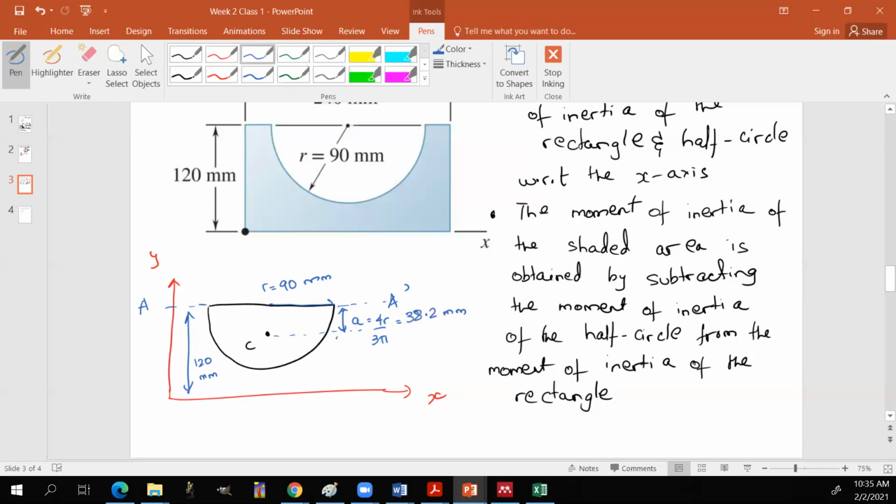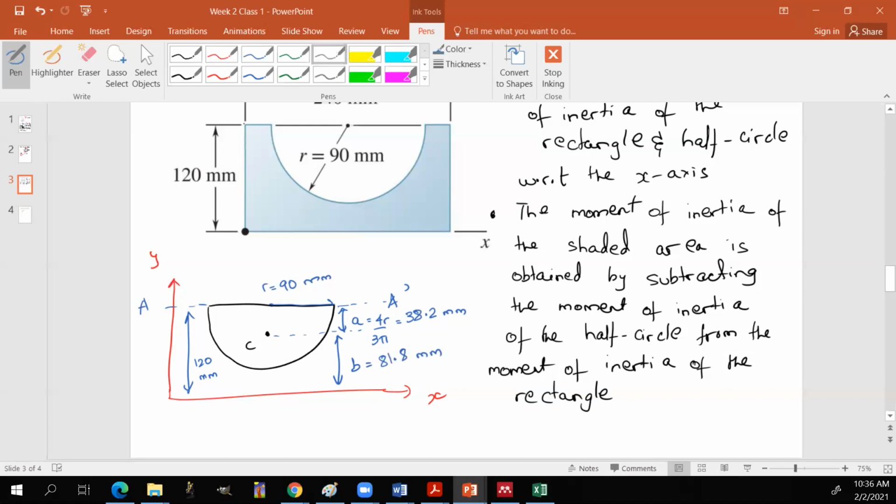And then quick maths. From this base, 120 minus that, how much is this dimension equal to? 81.8, right? That's what I got. There we go.